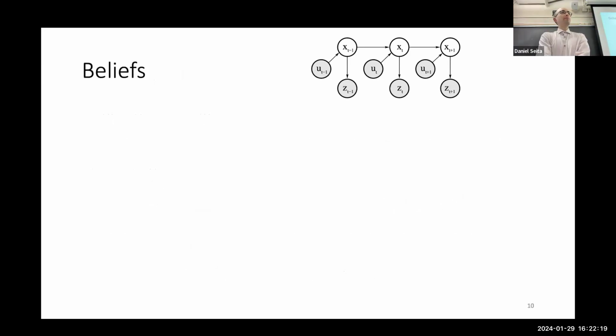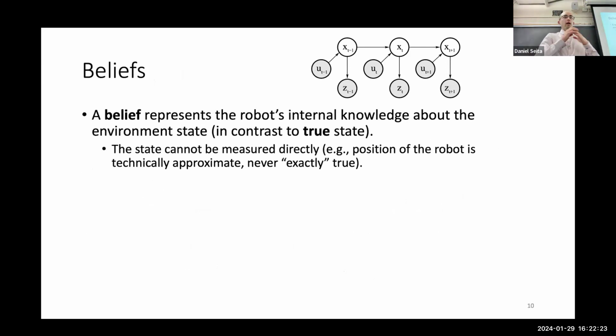All right, so let's talk about belief. A belief is going to represent the robot's internal knowledge about the environment state. The state is this ground truth information. It can't be known exactly, but you can approximate it. And the robot can have some kind of distribution over its belief.